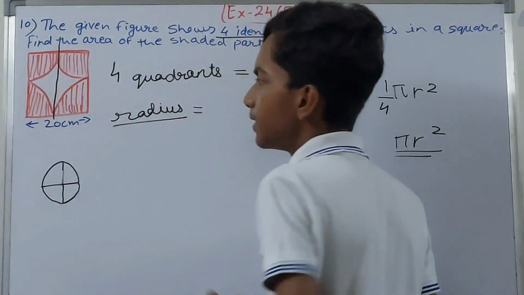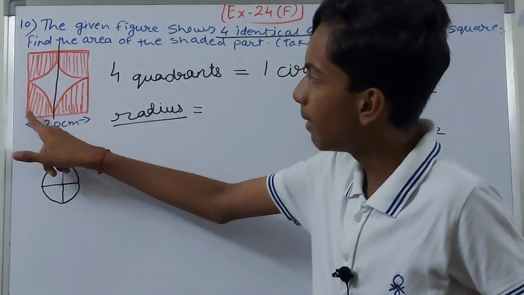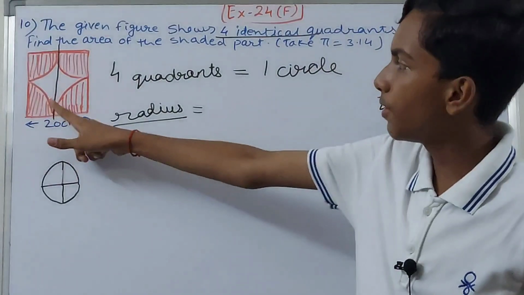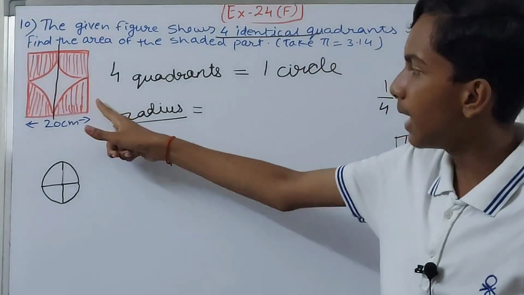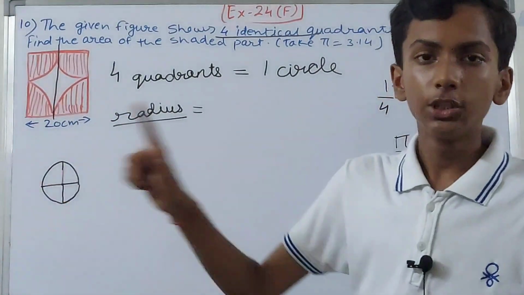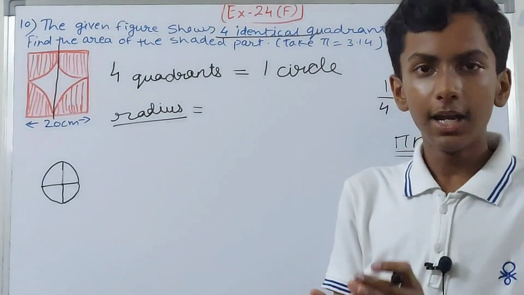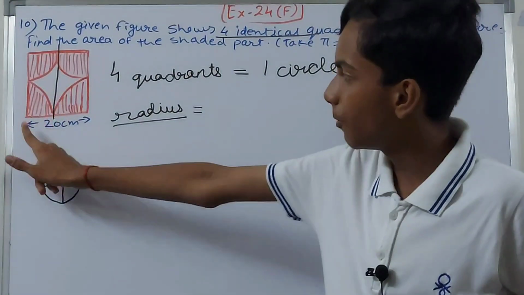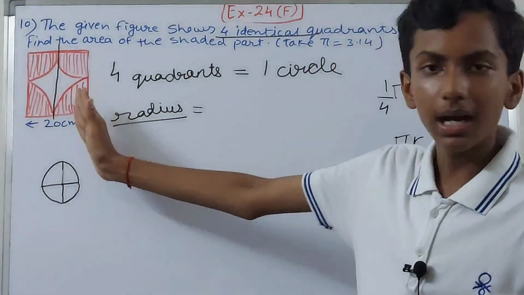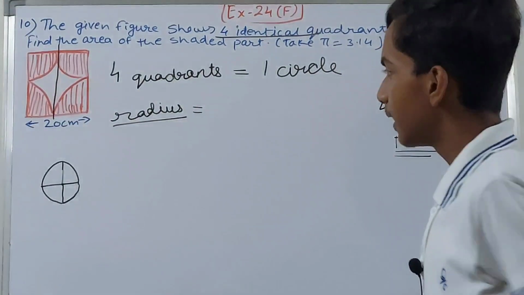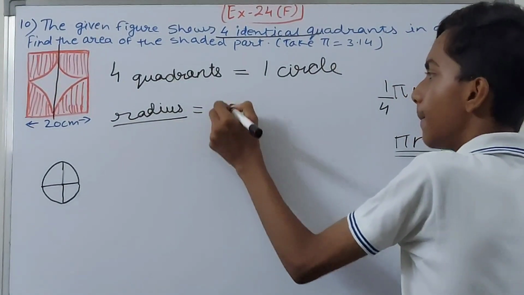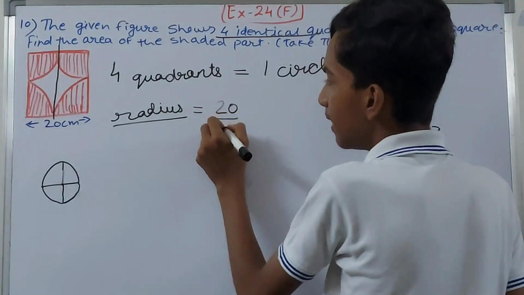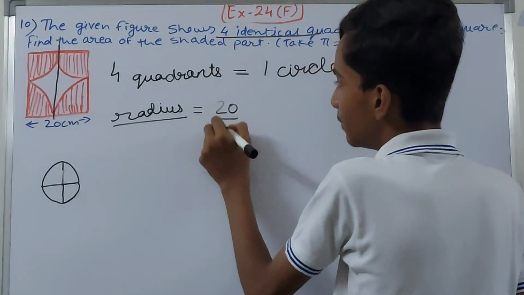So this line is in the middle, and beside this there is 1 quadrant, and to the right of it there is another quadrant. That means on this side there will be half of 20, and here also half of 20, that is 10, right?